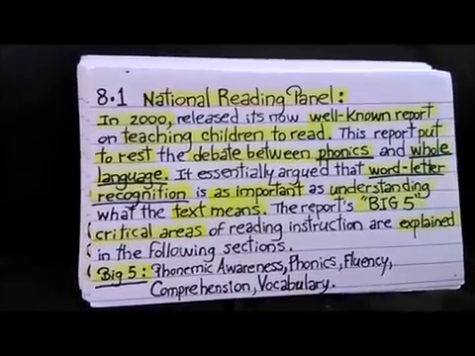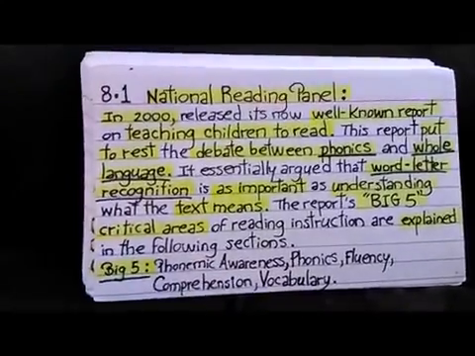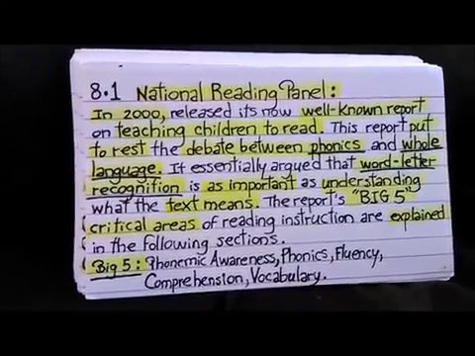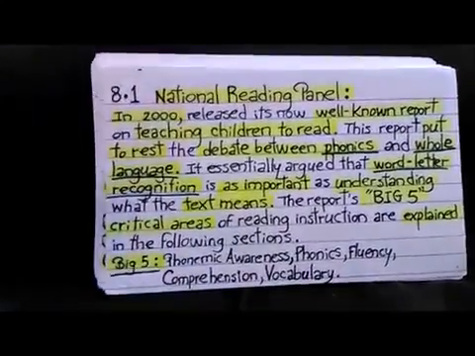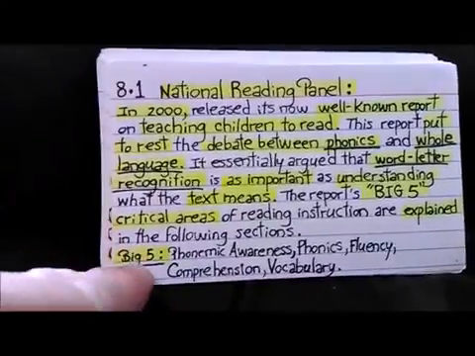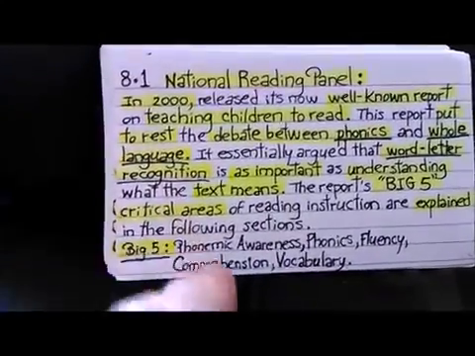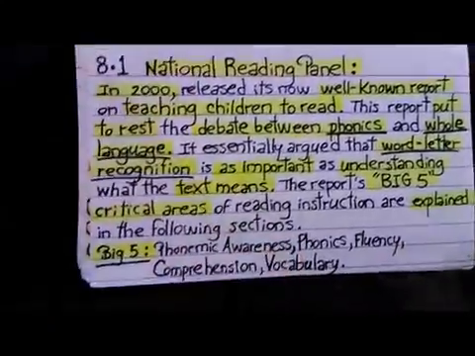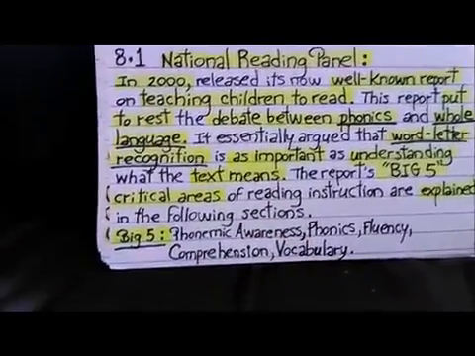The report's Big Five critical areas of reading instruction are explained in the following sections. The Big Five. What are those? Well, phonemic awareness, phonics, fluency, comprehension, and vocabulary.